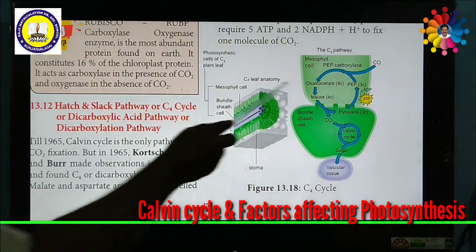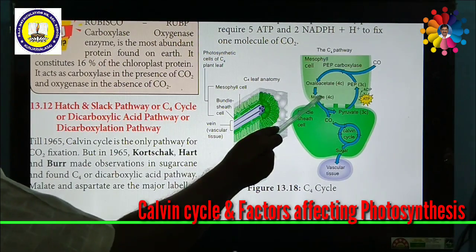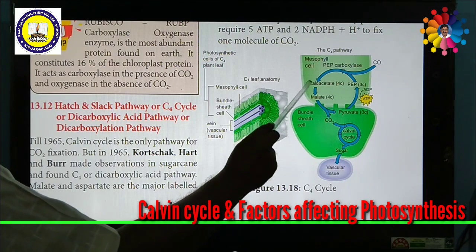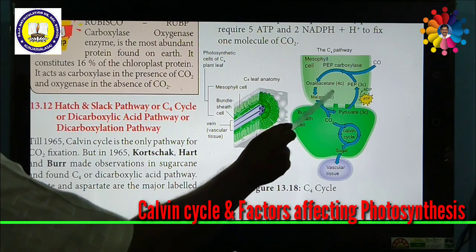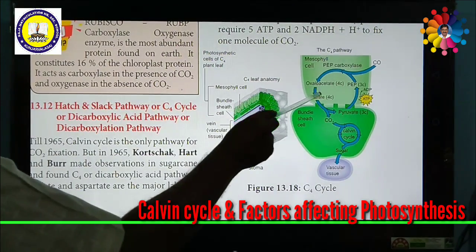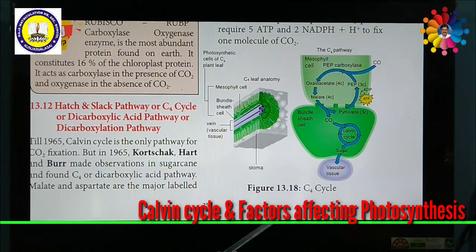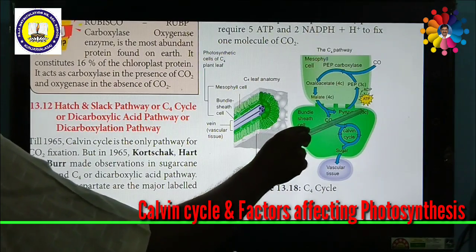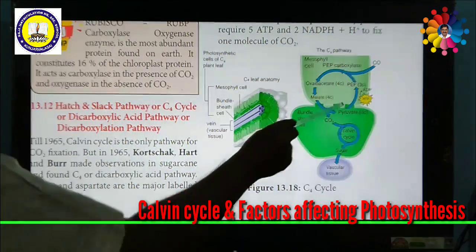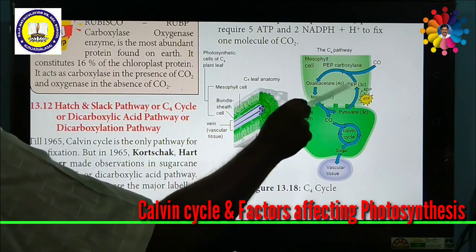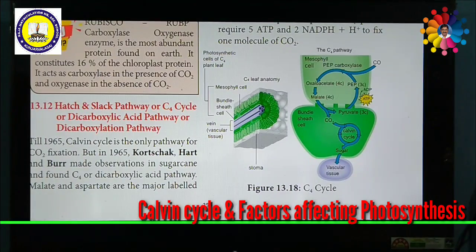Then this oxaloacetic acid will be converted into either malic acid or aspartic acid. Both malate and aspartate are 4 carbon compounds. Then this malate will enter the bundle sheath. Then it can split into pyruvic acid and carbon dioxide. The pyruvate is once again returned back to the mesophyll cell to form phosphoenol pyruvic acid.